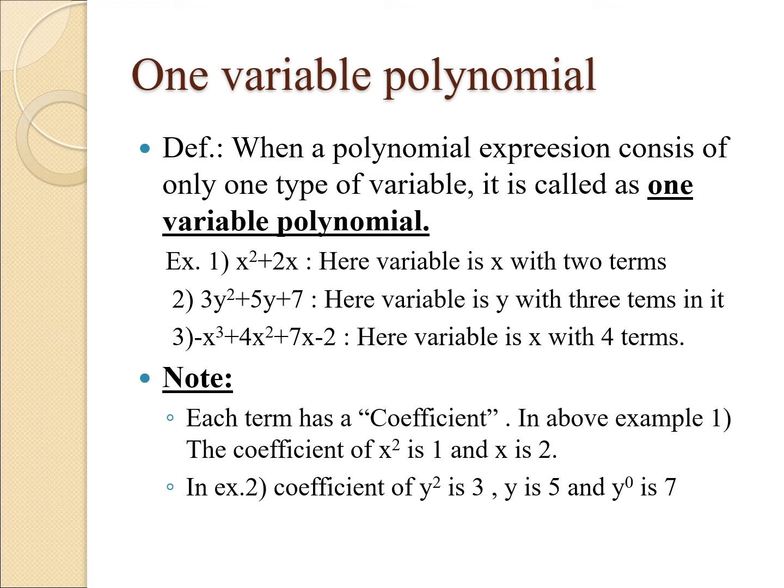Here in the second example, what is the coefficient of y square? It is 3. What is the coefficient of y? It is 5. What is the coefficient of y raised to 0? It is 7. Similarly, in the third example, the coefficient of x cube is -1. Coefficient of x square is 4.